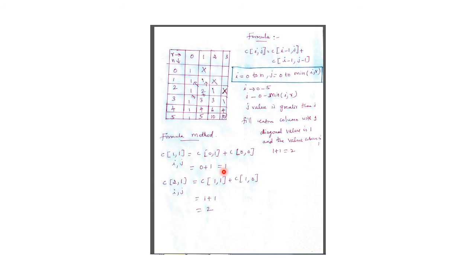Substitute the values in this formula. So we will get 1. So C of 1, 1 is 1. Likewise C of 2, 1 is 2. So this is the method of calculation using the formula, and this is the shortcut method.